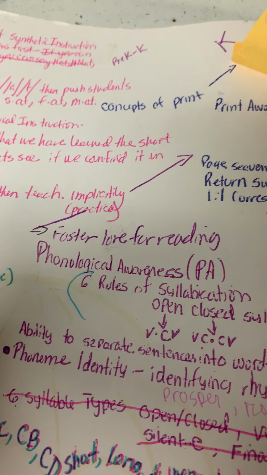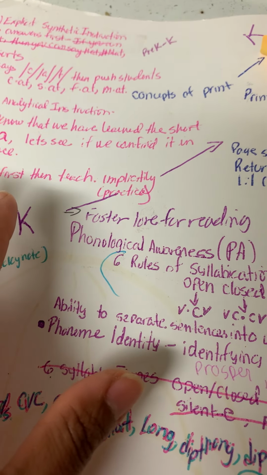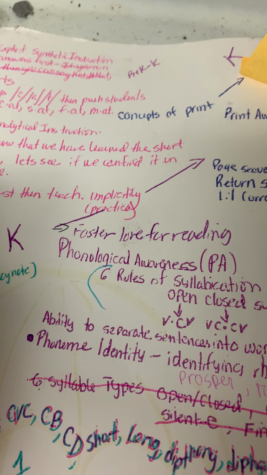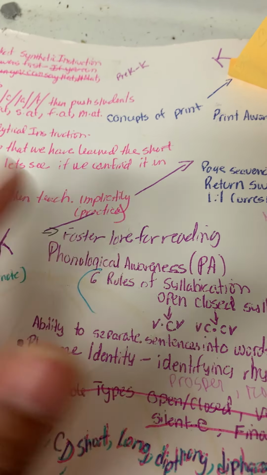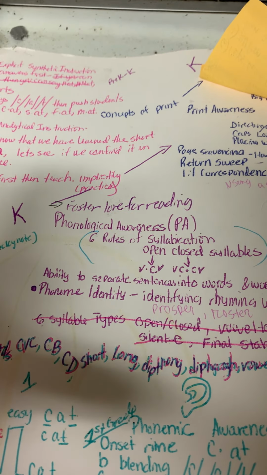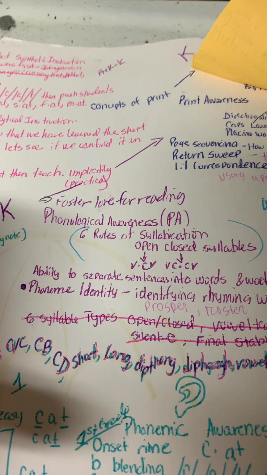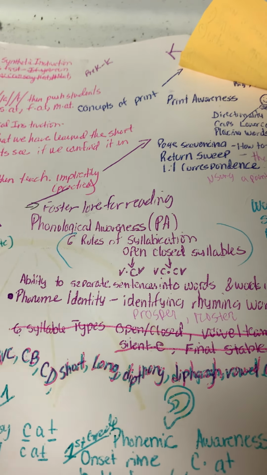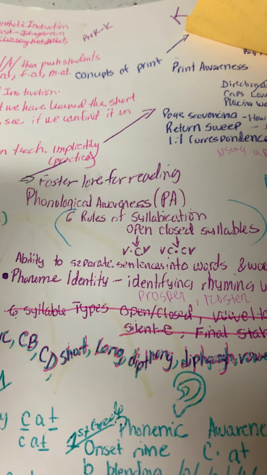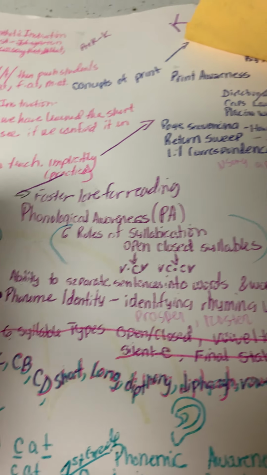I don't want you to read a problem on the test where a kid is learning phonological awareness in 3rd grade, and you're like, oh, 3rd grade, they're not supposed to be at phonological. I don't want you to get mind blocked. I just want you to have a general idea of where the kid should be so that you can order from easy to difficult how it should be taught.